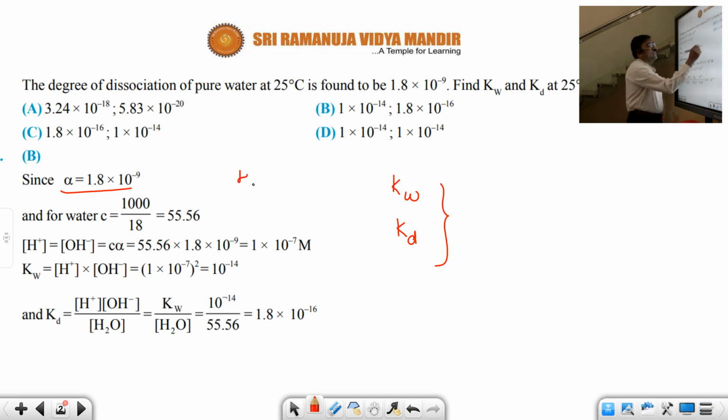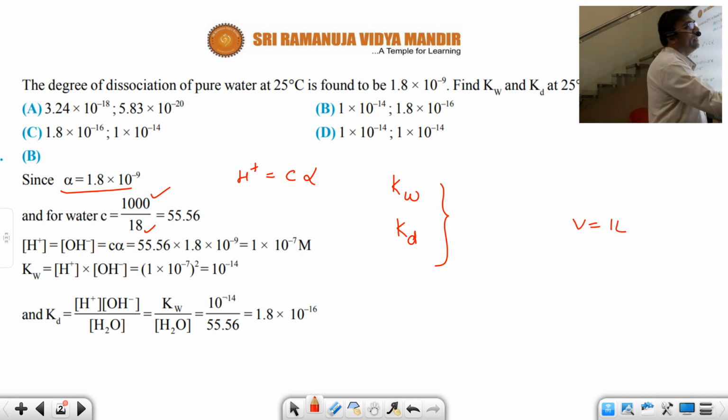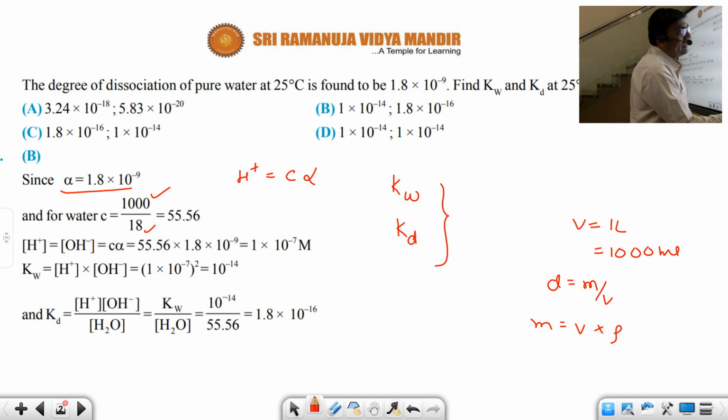Well, you are aware H plus is equal to C alpha, and the concentration of water is 55.5, because 1 liter, you know very well. So volume is 1 liter, that is 1000 ml. You know very well density is equal to mass by volume, and mass is equal to volume into density, and density of water is 1 gram per ml.